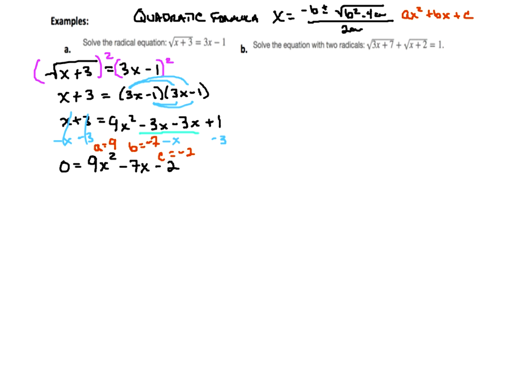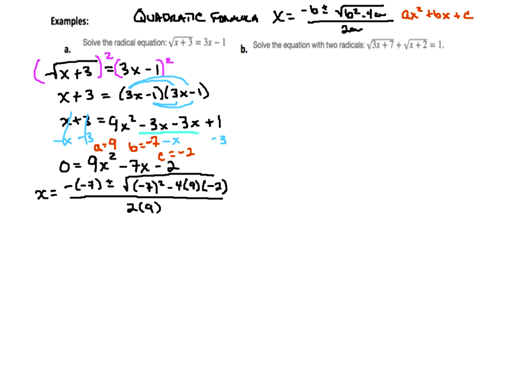So when I plug those into the quadratic formula, I get x equals the opposite of b plus or minus the square root of b squared minus 4ac, all over 2a.